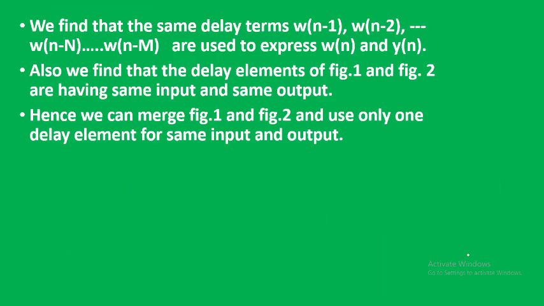To combine figure 1 and figure 2, we have to note a few things. We find that the same delay terms, w of n minus 1, w of n minus 2 up to w of n minus m, are used to express w of n and y of n. Also, the delay elements in figure 1 and figure 2 have the same input and same output.